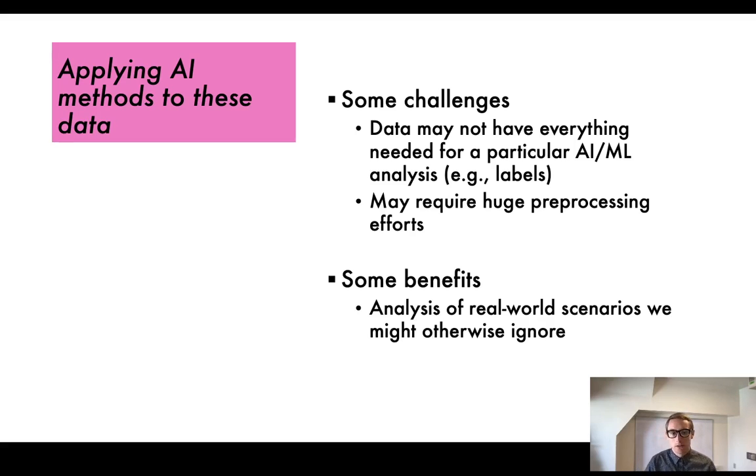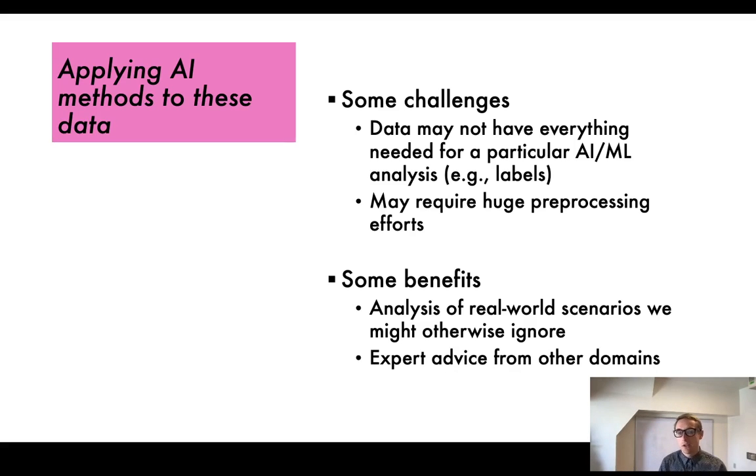So there are things like analysis of real-world scenarios that we might otherwise ignore. If we collect data that fit into a nice box that are useful for straightforward AI, machine learning kinds of analyses, we might miss out on a lot of educational scenarios that do occur in classrooms that aren't necessarily so easily put into a structured format for a particular AI task.